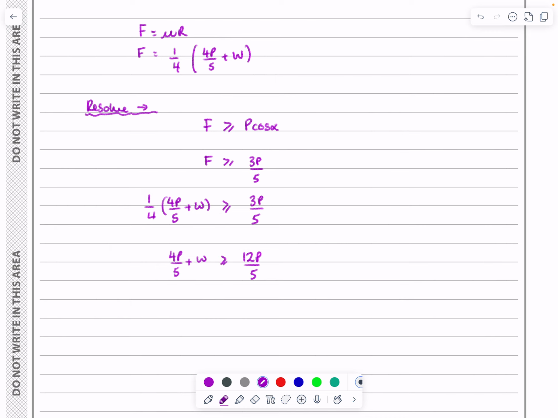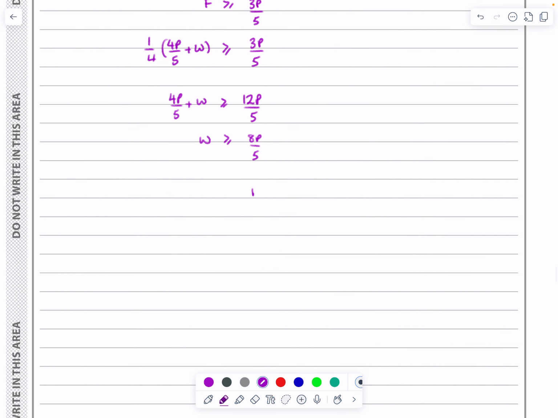And so W has to be greater than or equal to 8P/5, and we wanted P, so P is less than or equal to 5W/8. Let's just write that the way that they've actually said it. They've said that P is less than or equal to 5W/8.